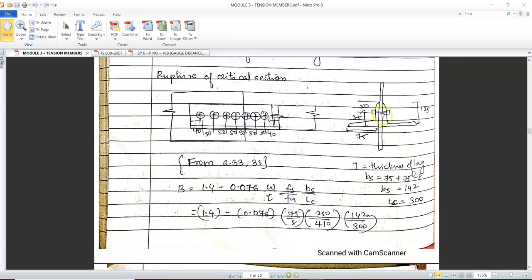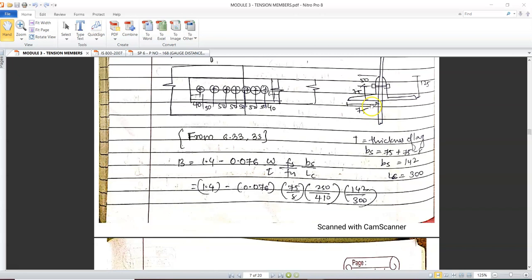You can write down your calculation for ANC: 125 minus 1 bolt hole, that is 22 mm, 125 minus 22 minus 8 by 2, whole bracket into 8 mm.